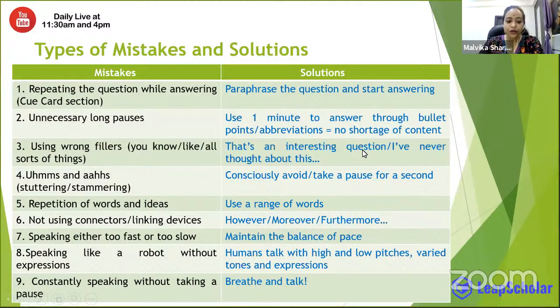Last one, constantly speaking without taking a break. Now, this usually is a problem with the cue card section again. Once we are done with that 1 minute preparation, we know that we have 2 minutes to speak. The tendency that we have is to speak for 2 minutes constantly without a break, without showing that there are full stops, commas, that we want to take a pause.